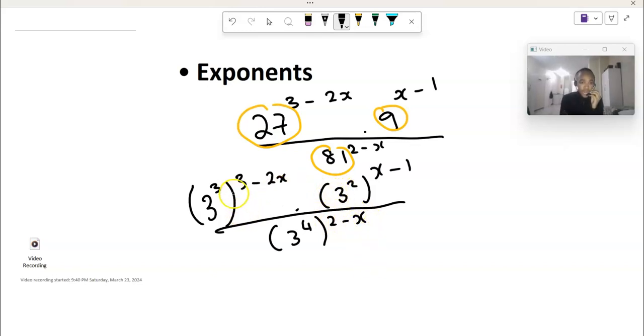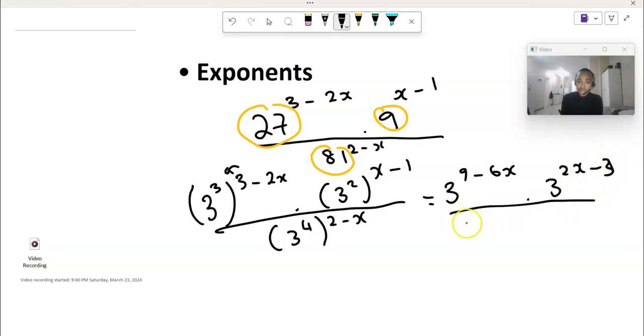Now everything becomes easy. Why? Because we have 3, 3, 3 as bases, so we can just apply the properties. The first property is to put this inside. So we have 3 times 3 is 9, minus 6x, and then 3 to the 2x minus 1, minus 3, divided by 3 to the 8 minus 4x.